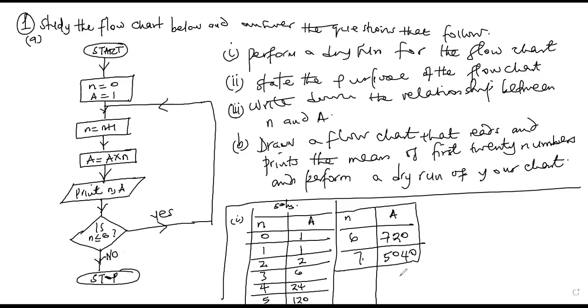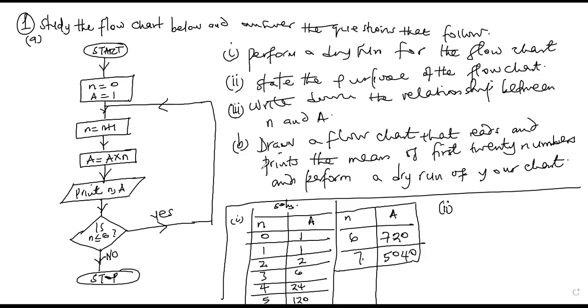It is done. State the purpose of the flow chart. Now, to state the purpose of a flow chart, this can easily be found by looking at the relationship of the values you have. Here we are computing and printing the factorial of whole numbers up to 7.